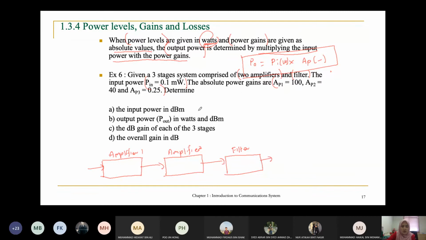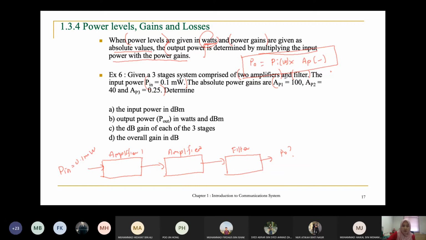Okay, and given the P in, so this is the input, this is the output. So P in is here. So P in is 0.1 milliwatt. P out, you don't know the value. And also the question gives you the absolute power gain.